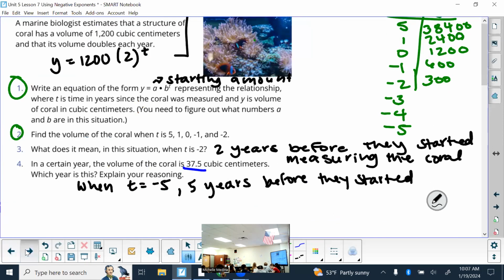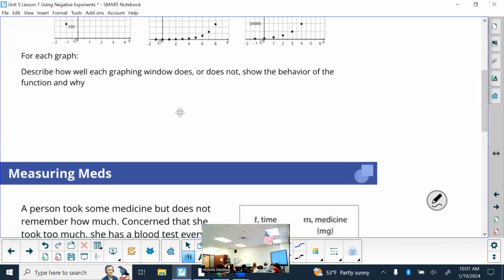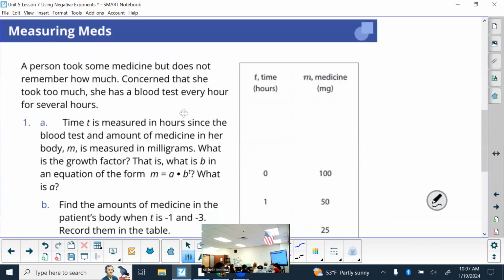This next question on the back will be kind of like your check for understanding, where it says measuring meds. It's really similar to what we just did. You're going to make the equation based on the situation, identify what A and B should be, answer for when t is -1 and -3, add it to the table, and sketch a graph.